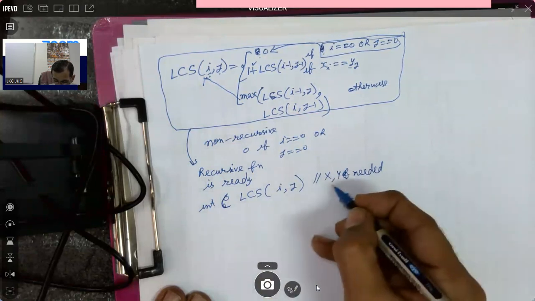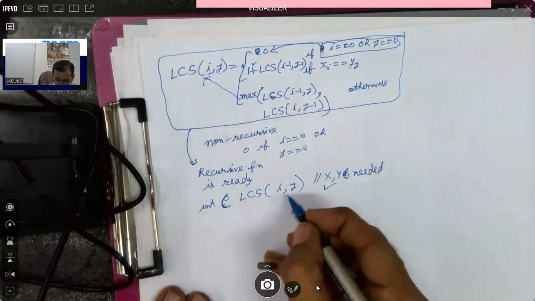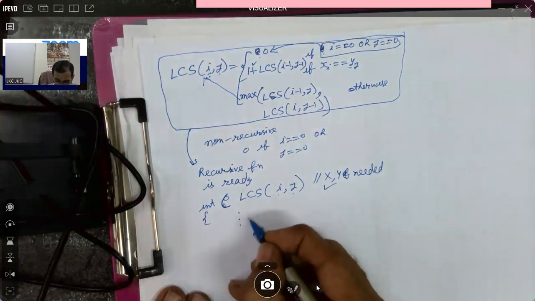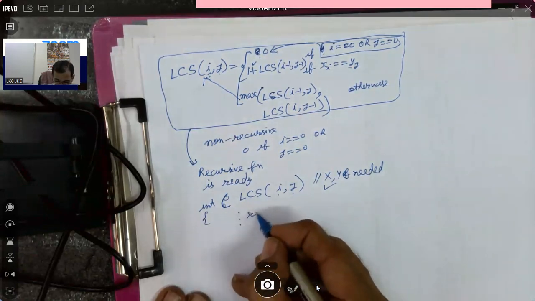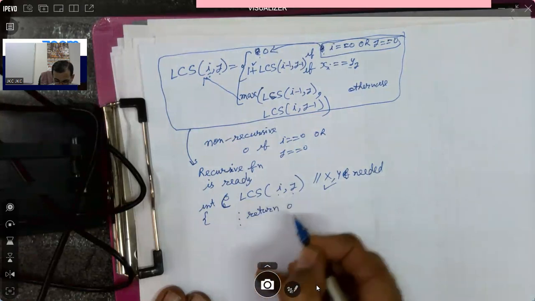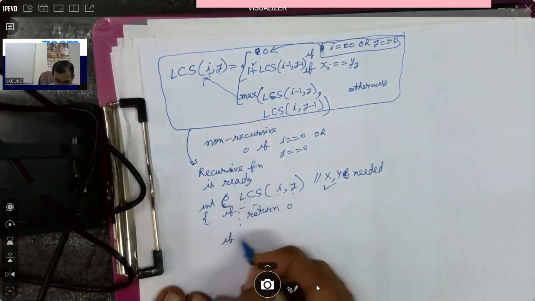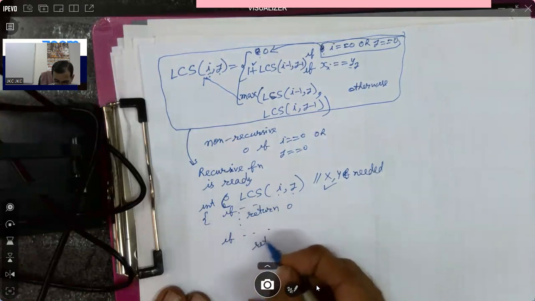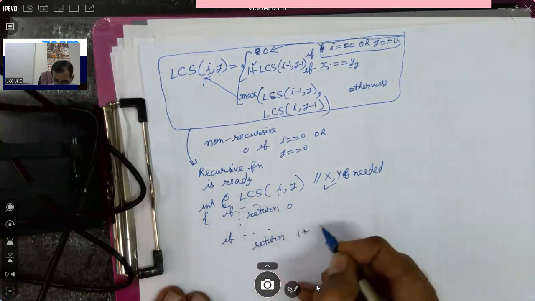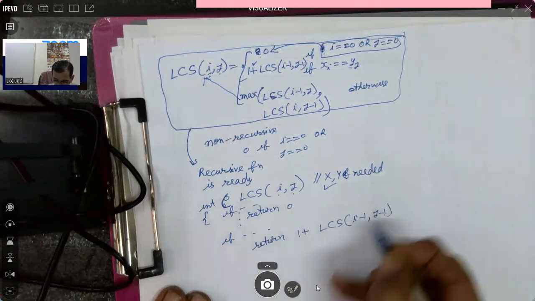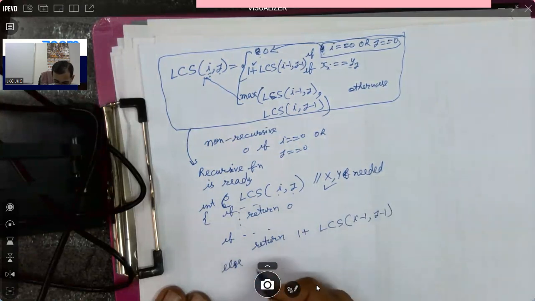But for decision making, i and j are used. Ultimately, I will return 0 if it is non-recursive. For a certain if, I will return 1 plus LCS of i minus 1, j minus 1. Else, one of the cases, the maximum, is to be returned.